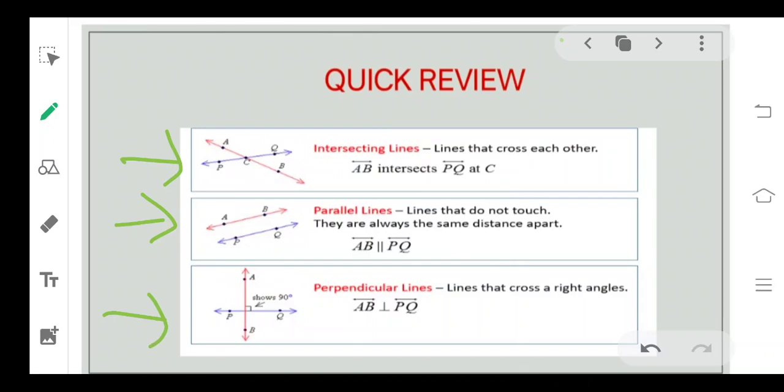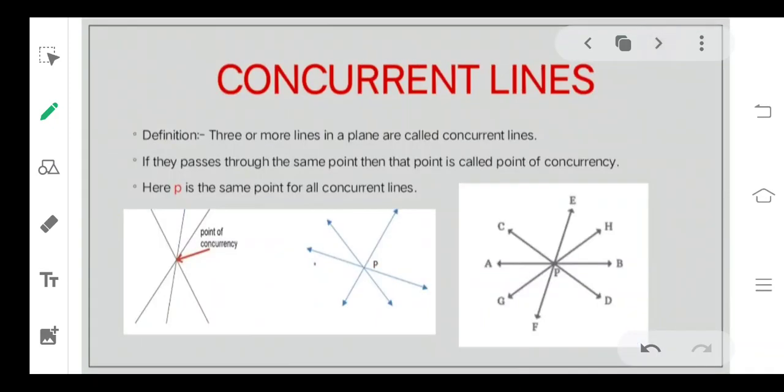Now we are going to learn about concurrent lines. Students, 3 or more lines in a plane are called concurrent lines if they pass through the same point, and that point is called the point of concurrency.